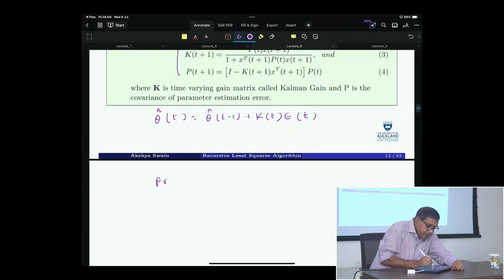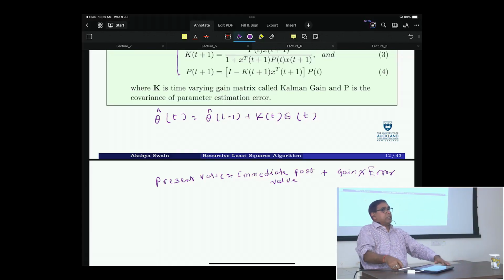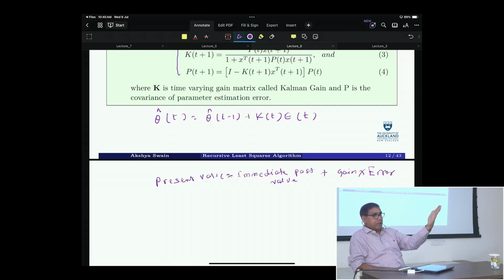The present value is equal to the immediate past value plus some gain into error. This is the standard structure of most of the recursive algorithms. Theta cap t is equal to theta cap t minus 1, plus some gain into error.